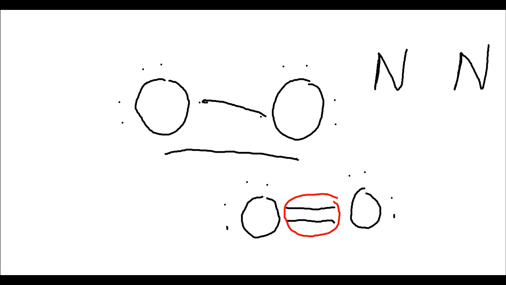nitrogen is in group 5A. Nitrogen's going to have 5 electrons. And once again, I'm drawing these a little backwards just so you can see how these work out. But nitrogen can share that pair, they can share that pair, and they can share that pair.